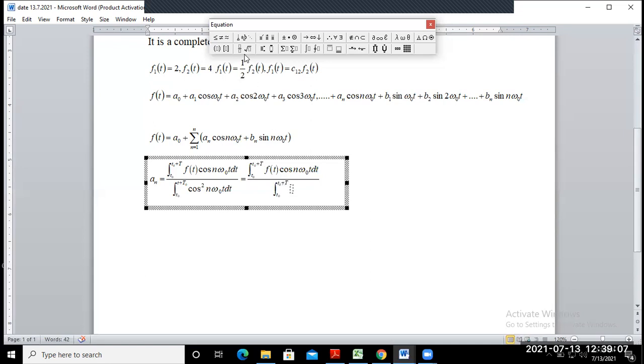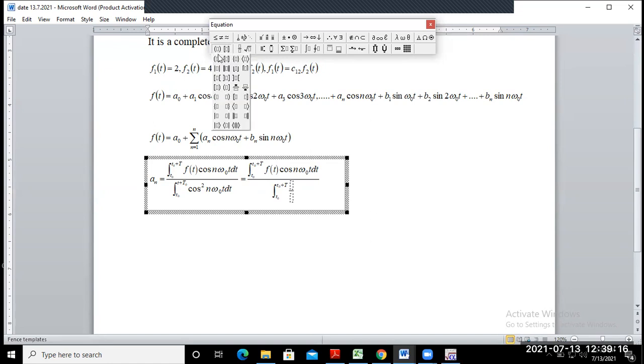So just replace this cos square n omega naught t by 1 plus cos 2 n omega naught t divided by 2, dt.